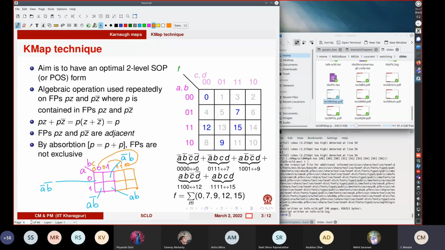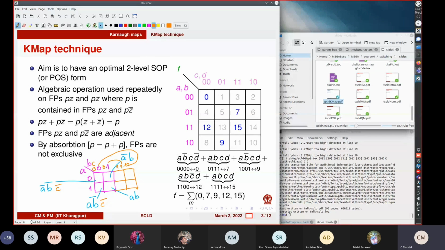Now on extension, this square is A bar, B bar, C bar. Extending this, here also it is A bar, B bar, C bar.